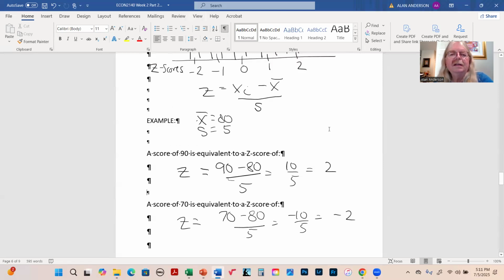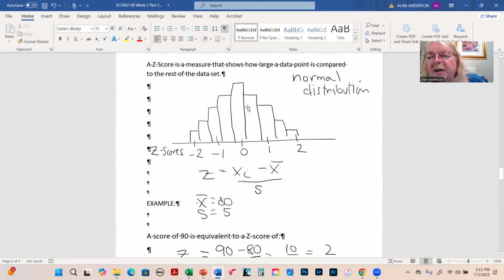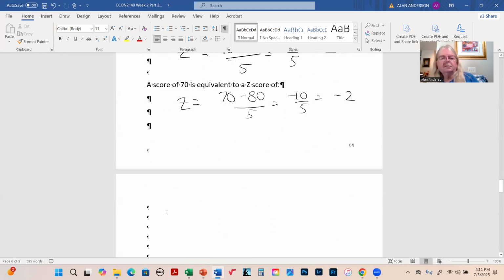Pretty rough. You're way down here somewhere. So in other words, it gives more meaning to the data. I can't tell by looking at it whether 70 is a good score or a bad score. Once I know my z-score, then I can tell where I stand compared to the rest of the class. That's why these are very useful. But of course, it's based on the assumption that the data are distributed like this. If not, then we have to use something different. You'll see a lot of that in statistics.